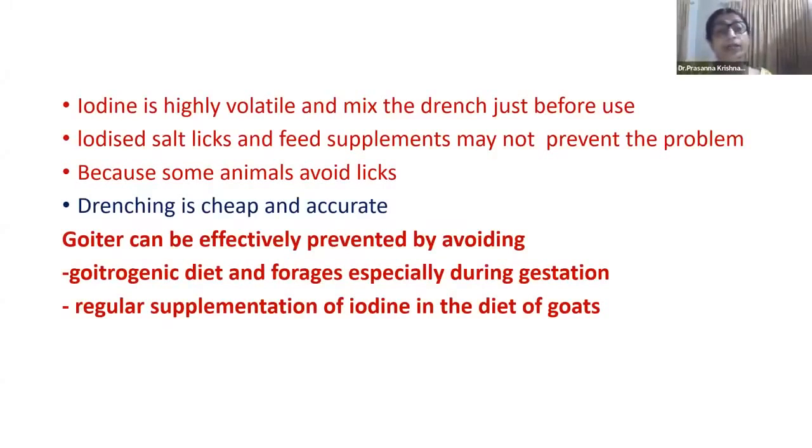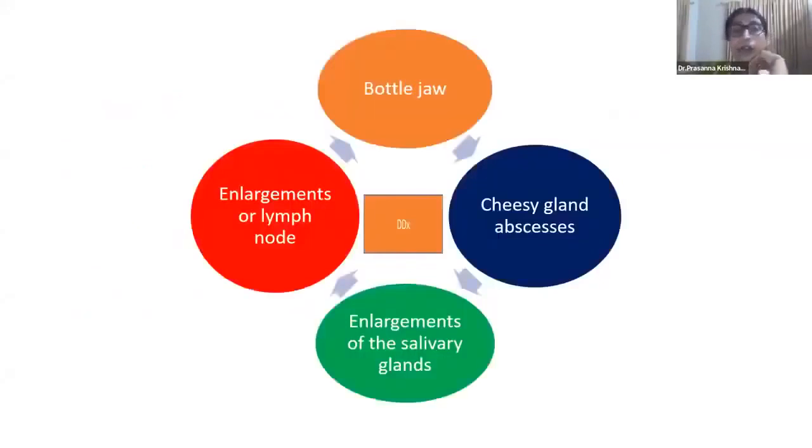We can give potassium iodide drench. The condition can be prevented well by avoiding goitrogenic feed. There are many feeds and plants that contain goitrogenic materials like cassava, soya-bean, and, as I have mentioned, brassicas. Many leaves and plants contain these goitrogenic items. So avoid that, especially during gestation. And we can give some iodine supplementation as iodized salt also.